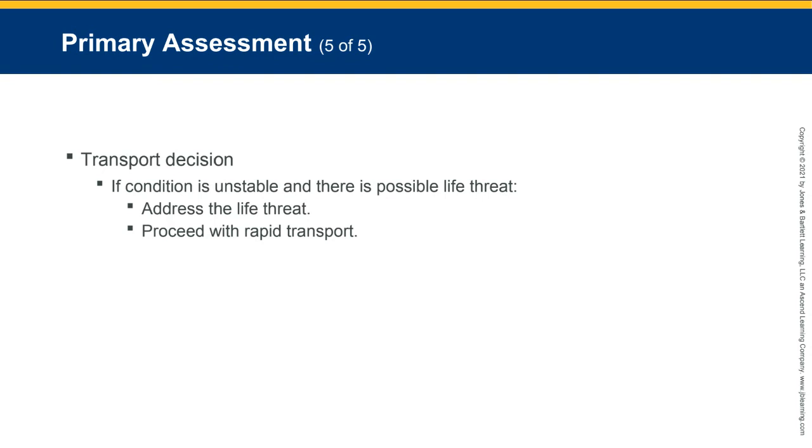Is this patient a load and go patient or a stay and play? These questions must be answered. Transport decision. If the condition is unstable, there is possibly a life threat present. So address the life threat, proceed with rapid transport.